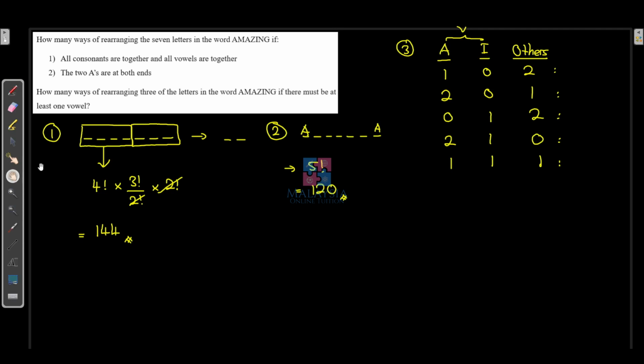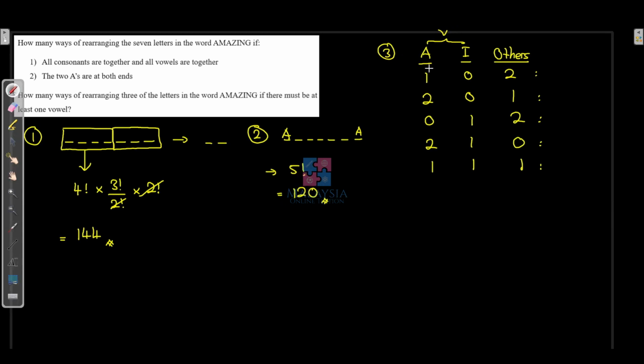So now let's find out. We don't have to consider the combination of A, so you just have to consider the others, meaning the consonants. We have 4 consonants. So we just have to write 4C2, and then this one 4C1, 4C2, 4C0, and finally 4C1.